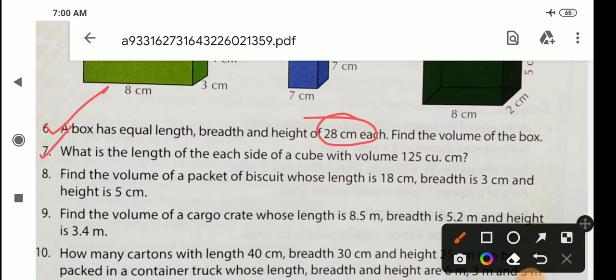Then number 7. What is the length of each side of a cube with volume 125 cubic centimeter? Here, children, volume is given. We have to find the side. So what you do? Just you do 125 divided by 3. Okay.